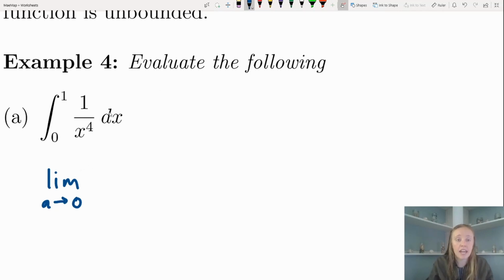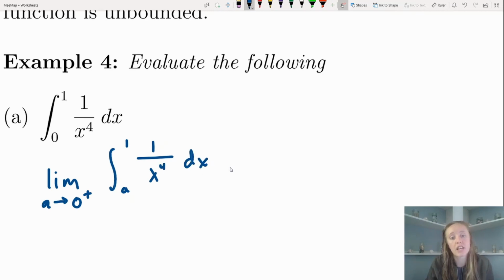So in this case, because our interval is from 0 to 1, that 0 is as we approach from the right. Since that's our starting point and we're moving towards the right, we're going to look at 0 as we approached from the right. So this is the limit as a approaches 0 from the right of the integral from a to 1, 1 over x to the 4th dx.